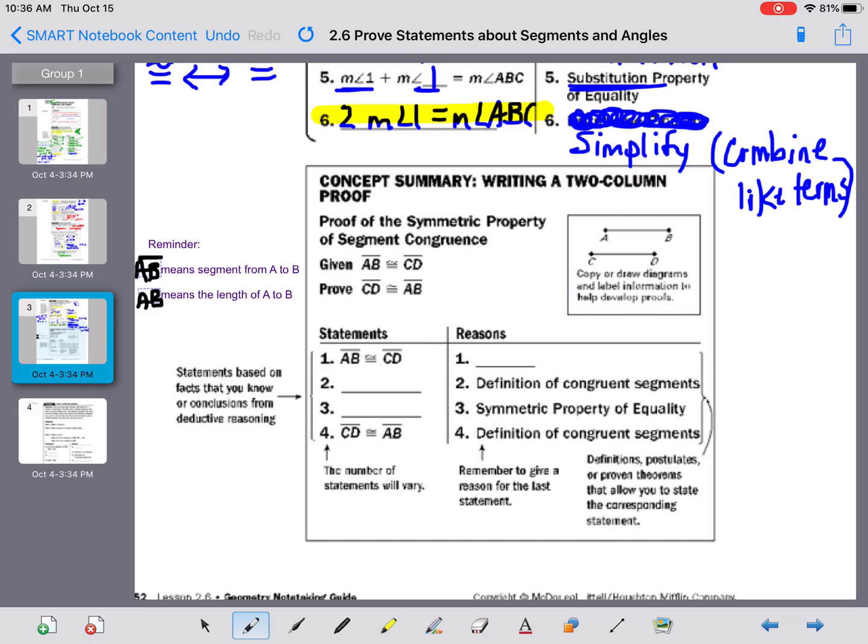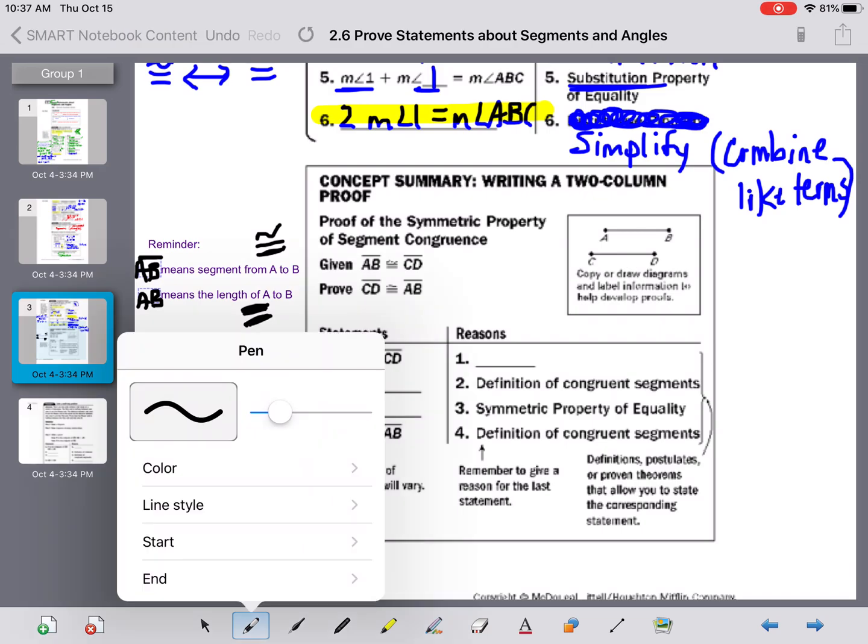And as a quick reminder, and this is why I put it here, when it has a line above it, things need to be congruent because they're actual objects we're talking about, the segments. When I don't have a line above it, it means the length, which is actually a number, so those are going to work with equals, okay? So lengths work with equals, the bars above it, segments work with congruence, okay? That's why I have this little thing in the margin.